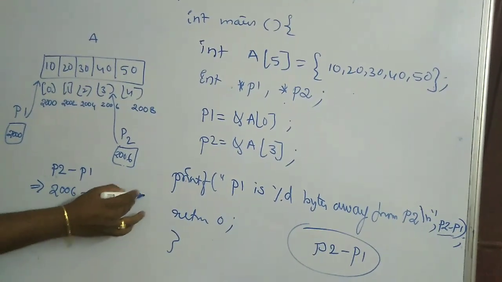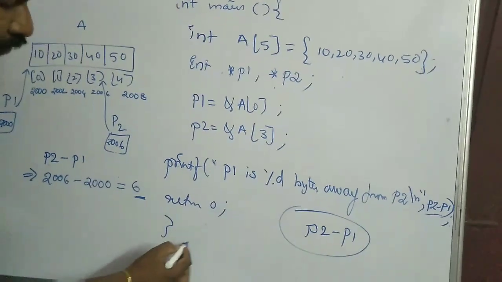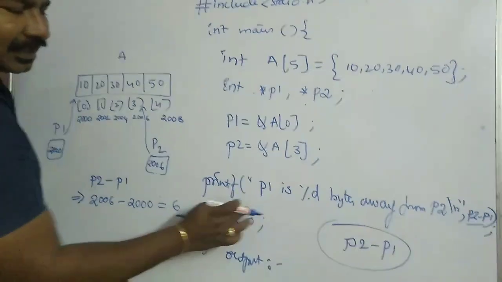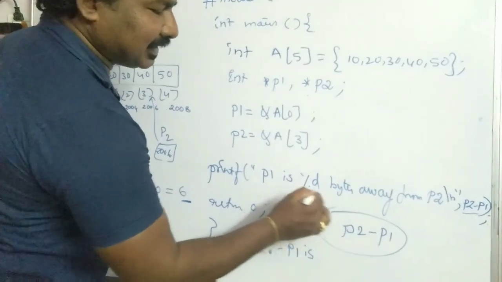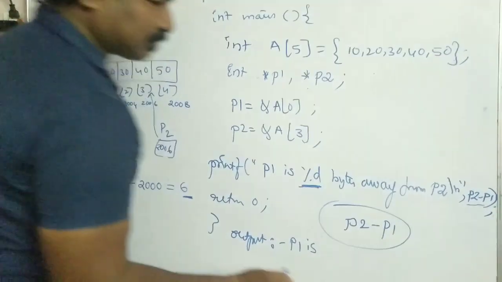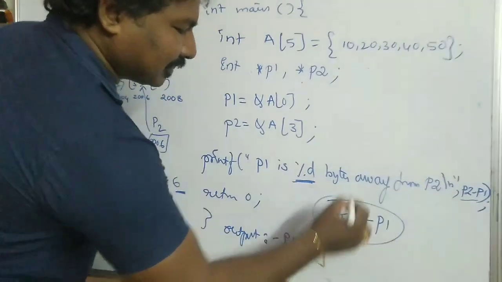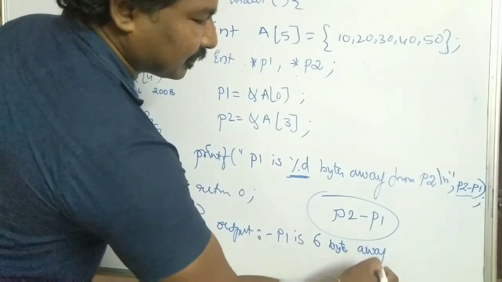Okay friends, so what is the output here? The output here says that p1 is percentage d. What is this percentage d? It is p2 minus p1. What is p2 minus p1? Number 6. 6 bytes away from p2.